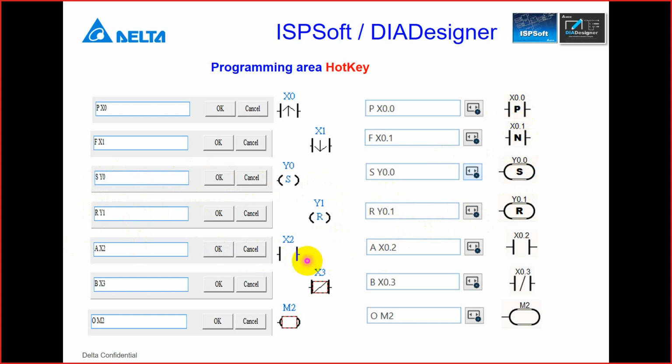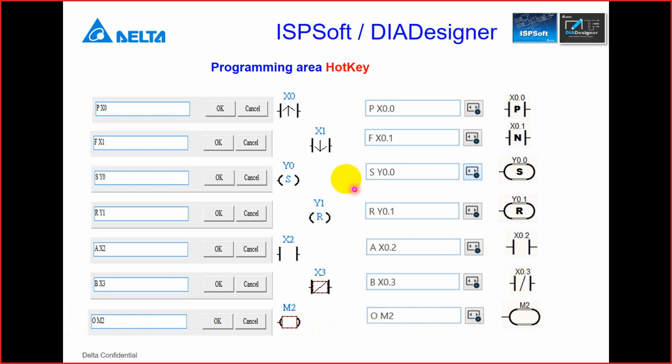Then here I think will be easier to understand, like normally open. We sometimes also call it A contact, so we just use A, and normally close, or sometimes we say B contact. So we just use A and B to do this, and then output.